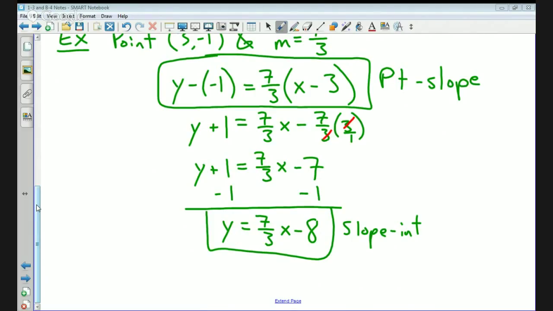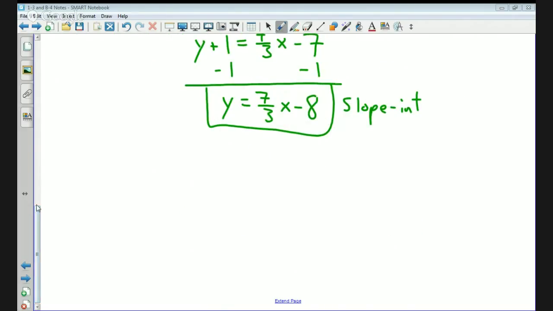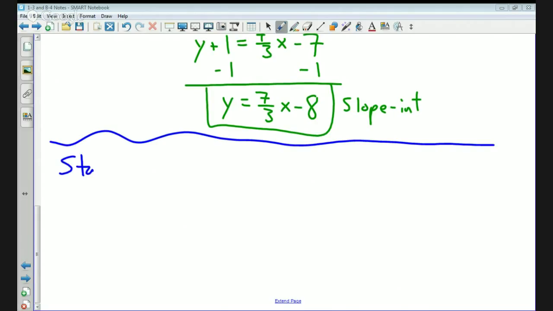Another common form is what they call a standard form. With the standard form, this is something that if you were to go into business classes, I see this a lot in the math that is used for business.